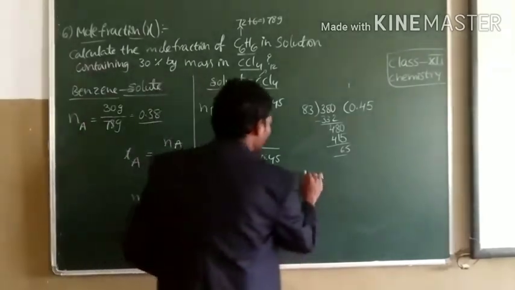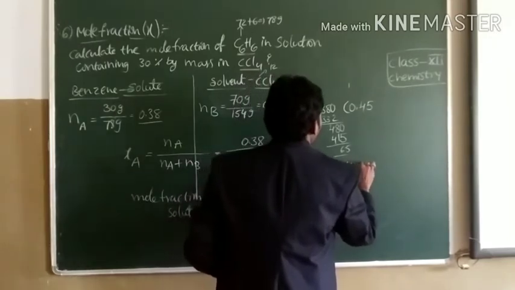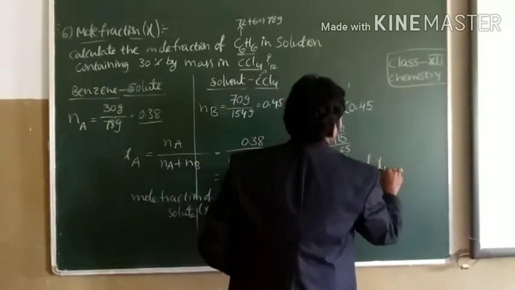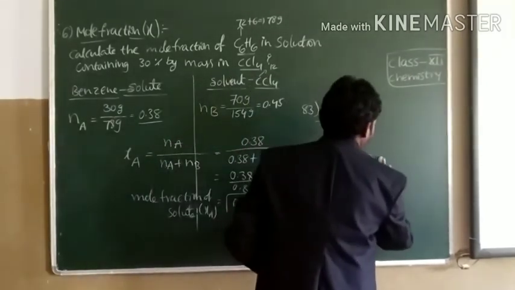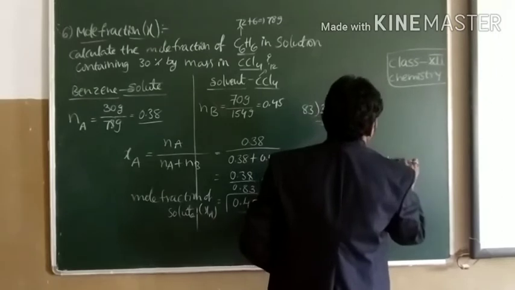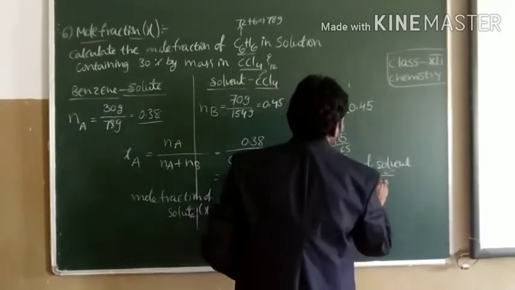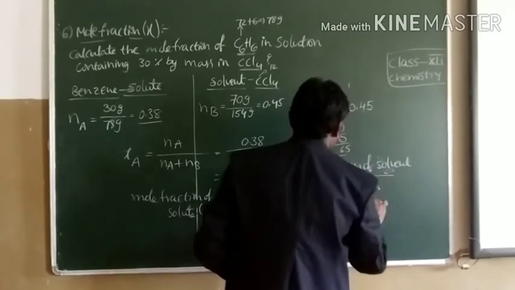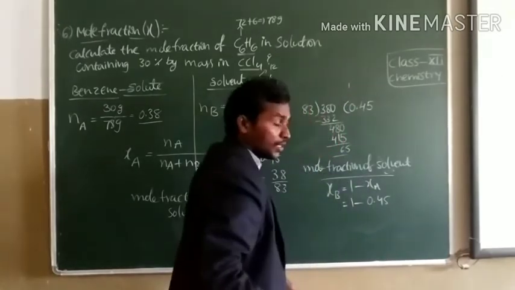Then how can I find the mole fraction of solvent? Chi V means mole fraction of solvent. Mole fraction of solvent, Chi V, is equal to 1 minus Chi A, that is 1 minus 0.45.